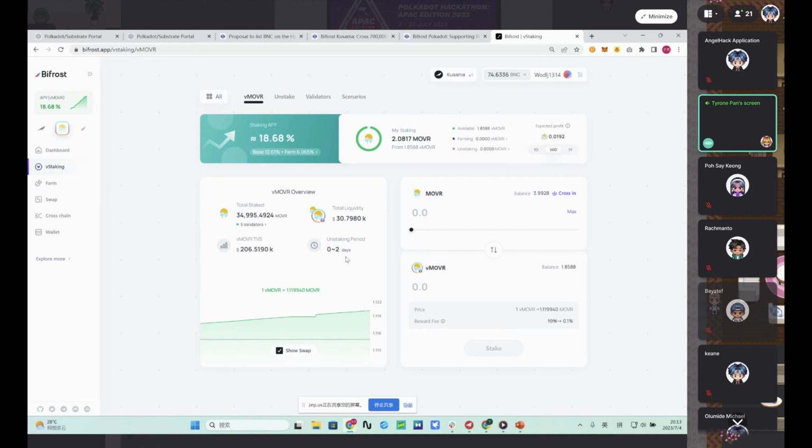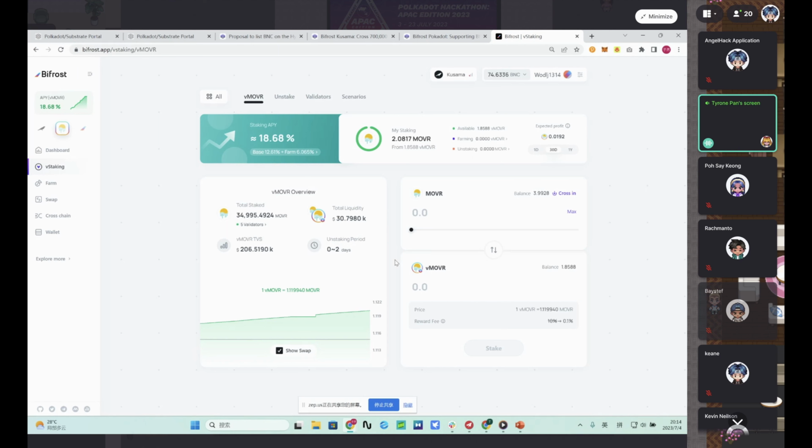But why is it 0 to 2 days? Because we have a mechanism behind it to match the orders of stakers and unstakers. So let's say someone initiates an unstaking order for one vMover, and another initiates an order of staking one Mover, so they are matched, and the redemption order can be automatically and immediately executed.